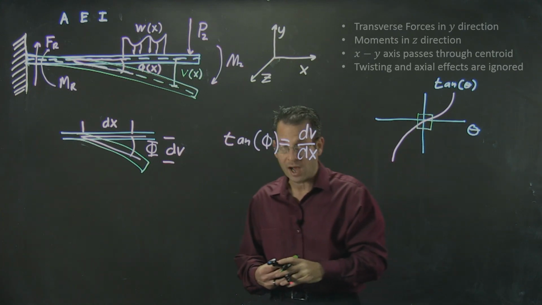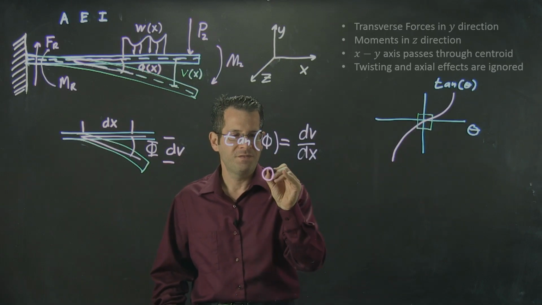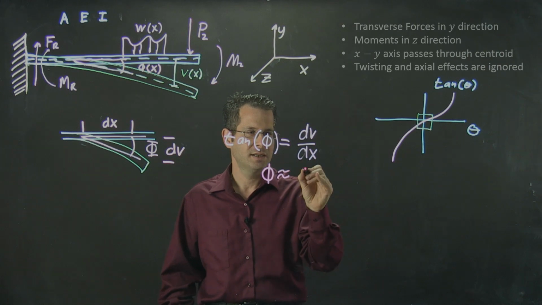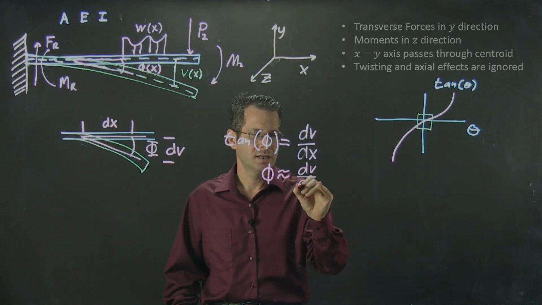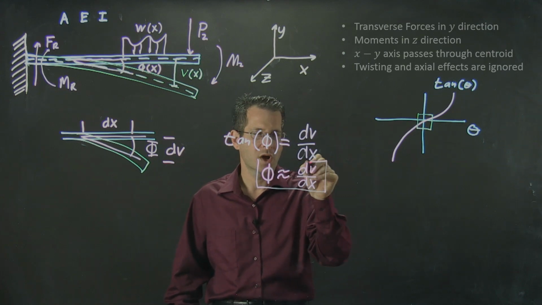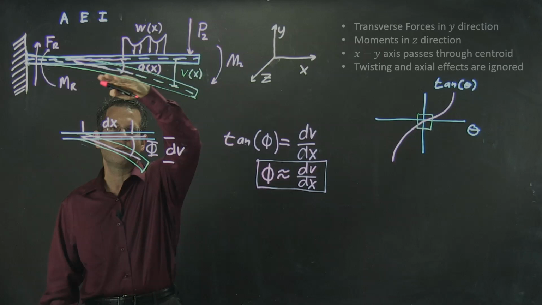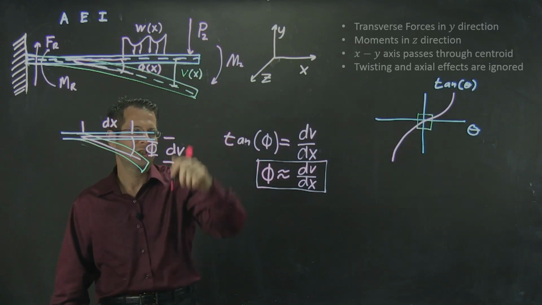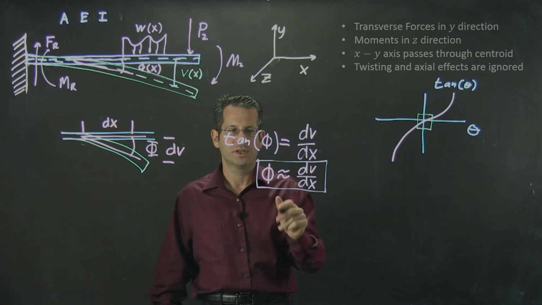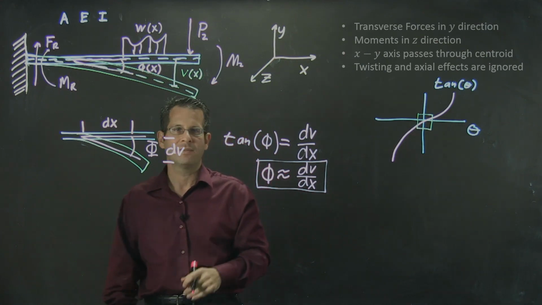So I can approximate and say that phi is approximately dv/dx, and even though it's not strictly true, we're going to assume that all of our phis are so small, all of this deformation is so small, that this is more or less true, and we'll just take that squiggly equal sign as an equal sign for the rest of our analysis.